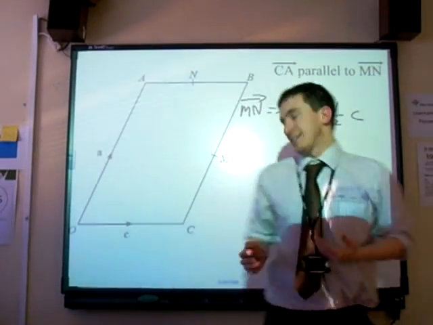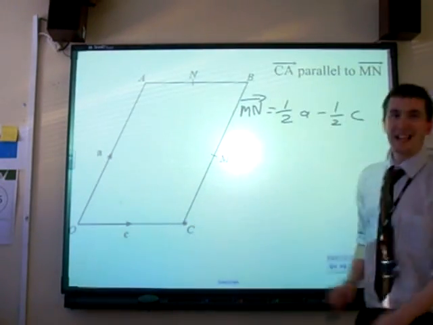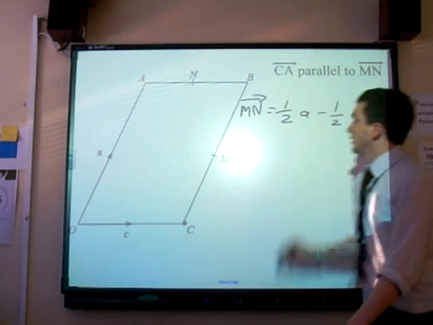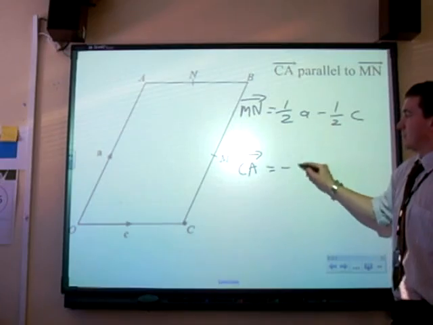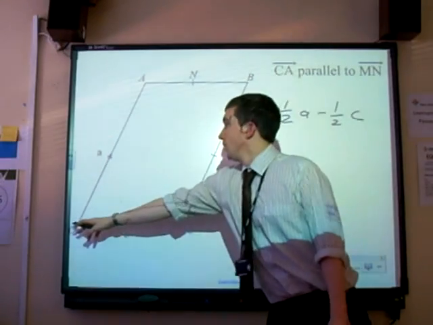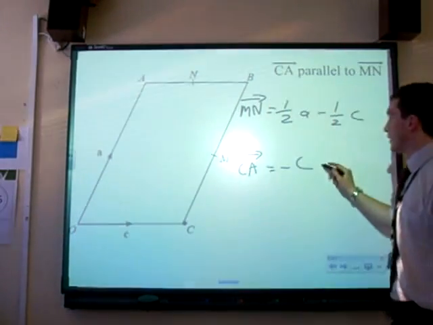Well, the best way to look at that is, again, we start in here. We're going against traffic straight away. So we say C to A, against traffic, minus C, because we're using the whole length of C. And then we're going with traffic along here.